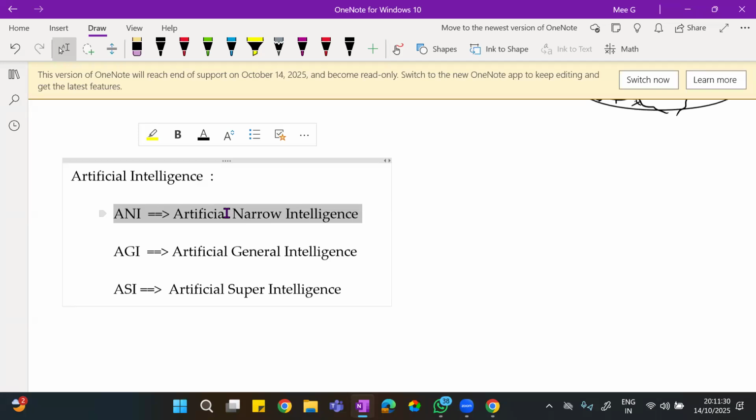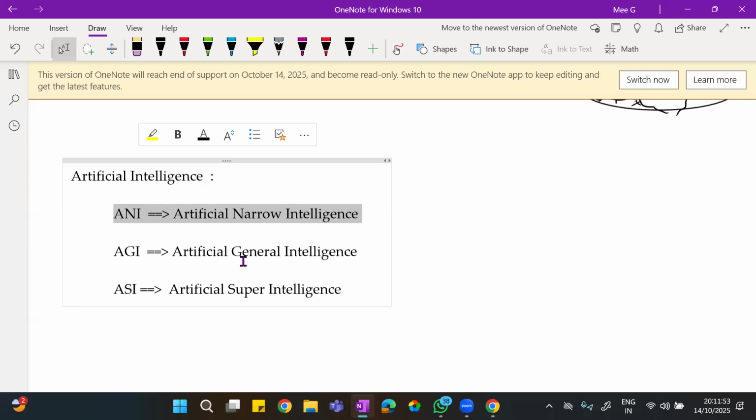And when it comes to artificial general intelligence, this is the next level, where the human involvement is zero. The model will be so intelligent that it can learn by itself, and it is equally intelligent as humans.